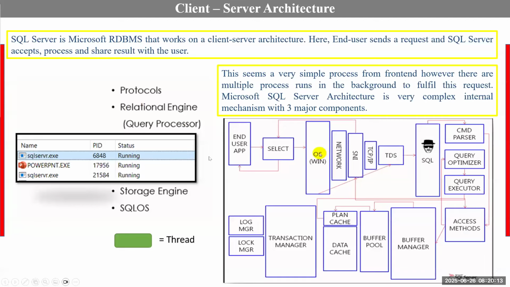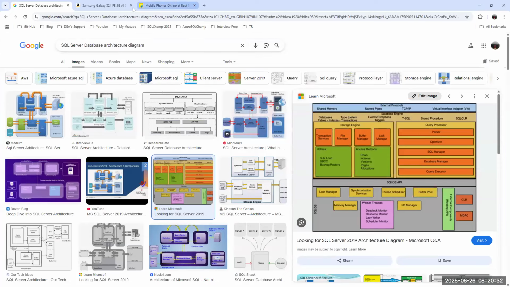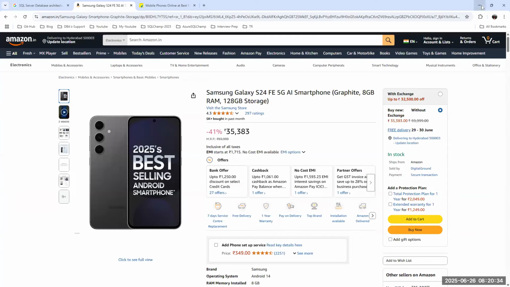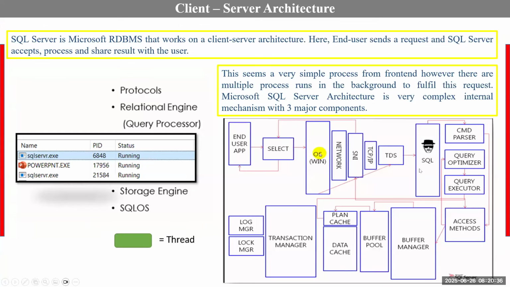SQL Server is a Microsoft RDBMS tool that works on a client and server architecture. There will be a client, and the server is our SQL Server. The client can be Amazon, it can be Flipkart, it can be SQL Server Management Studio.